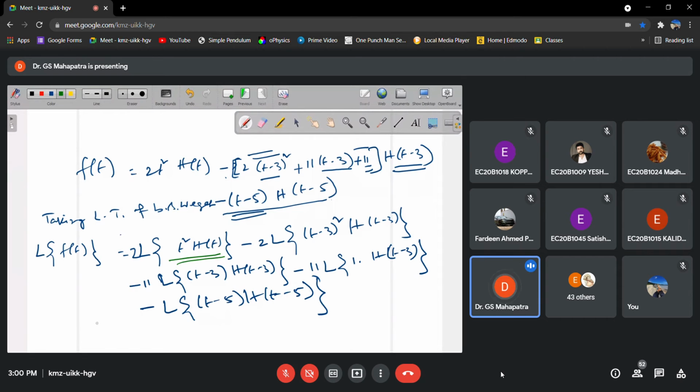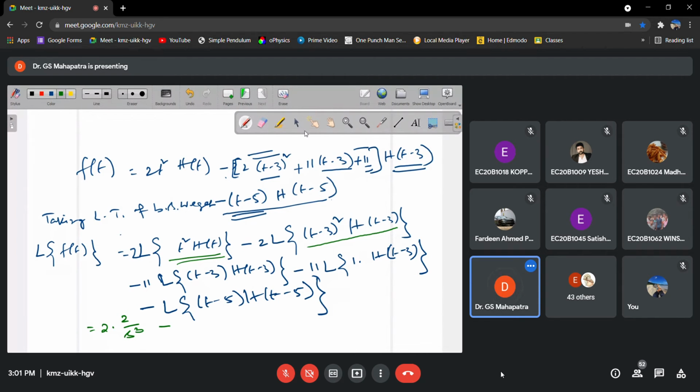So the answer is 2 by s cube. 2 by s cube minus Laplace transform of (t minus 3) whole square into h of t minus 3.